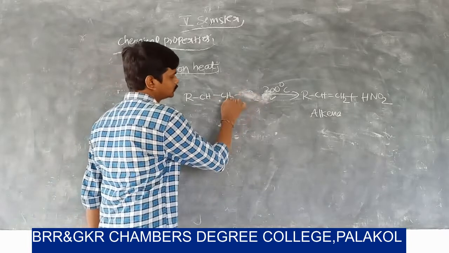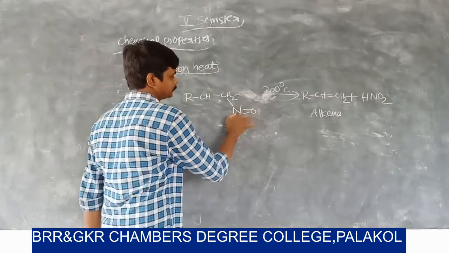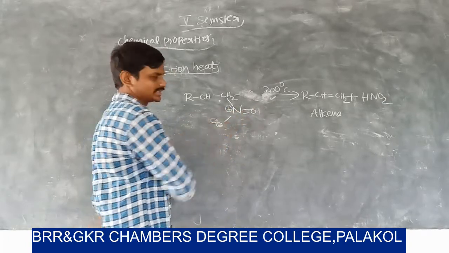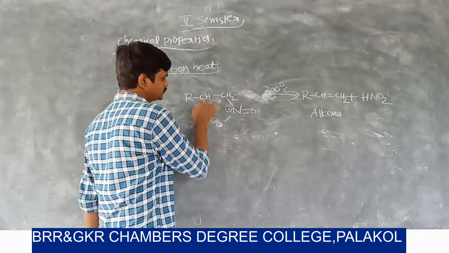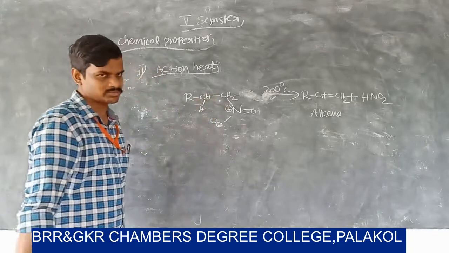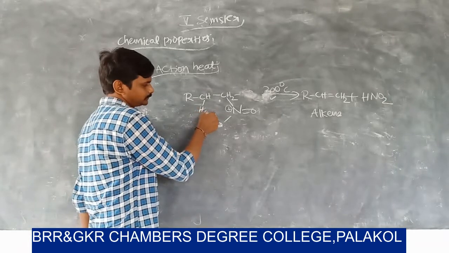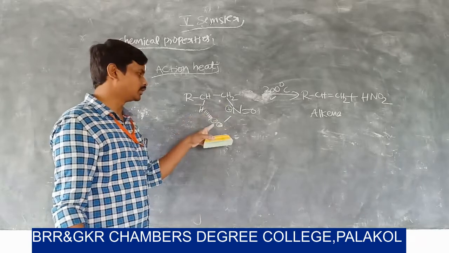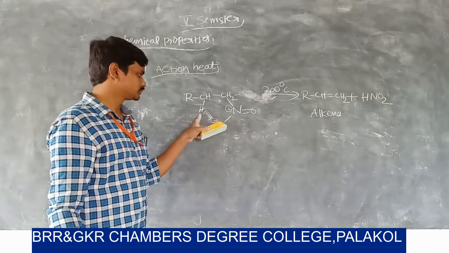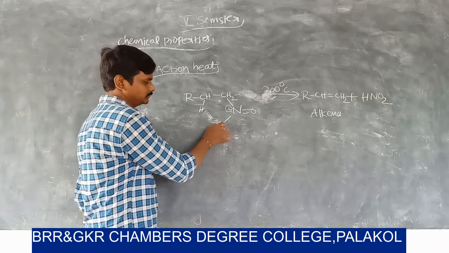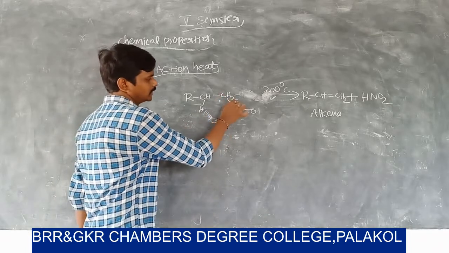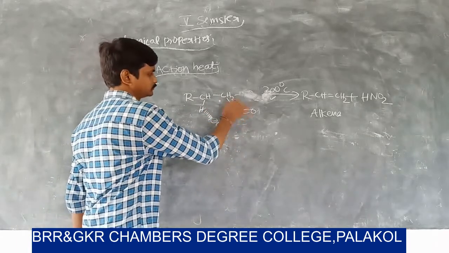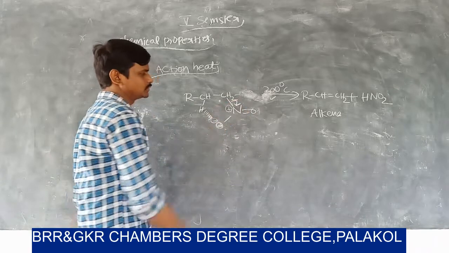Here, how is nitrous acid generated? Here NO2 means N double bond O plus and O minus. Now this carbon has two hydrogen atoms. Here the hydrogen on the beta carbon starts bonding with the oxygen, and the bond between carbon and nitrogen breaks, migrating towards nitrogen.